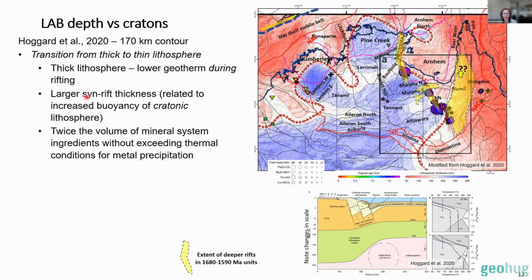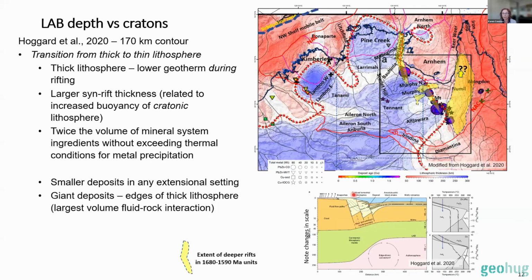Their interpretation of this is that you end up with a thicker rift package due to the increased buoyancy, because you're on the margin of the thick cratonic lithosphere. And that makes the difference in being able to develop a really large or giant deposit.